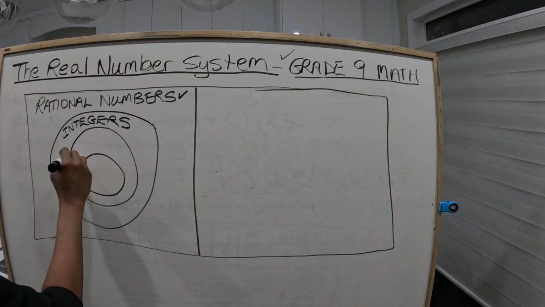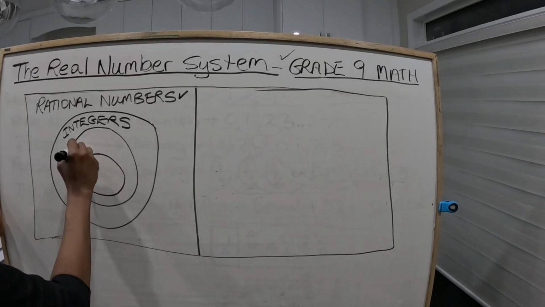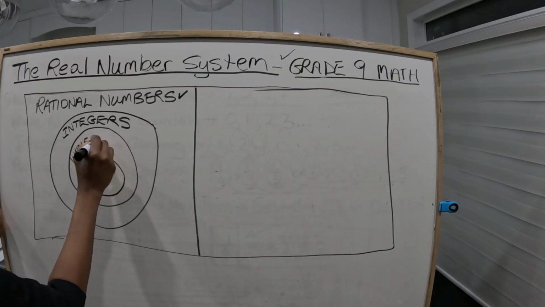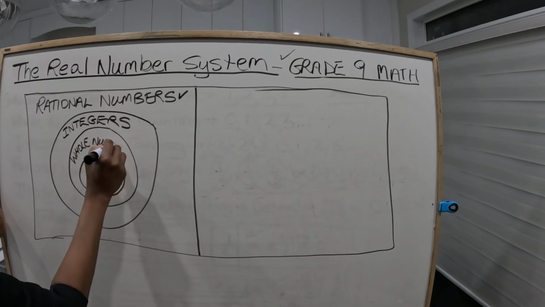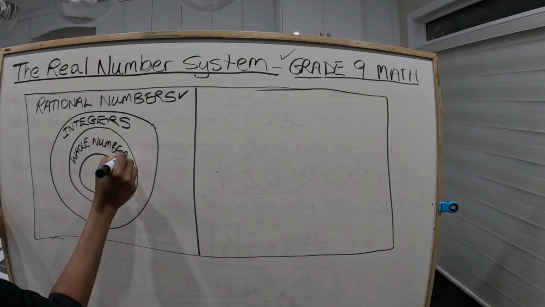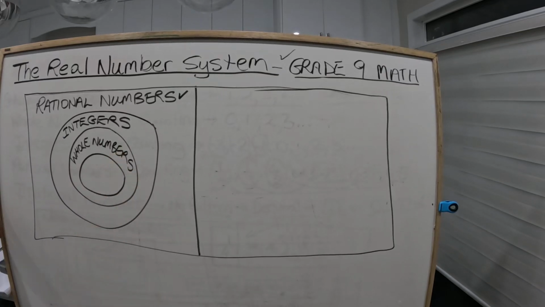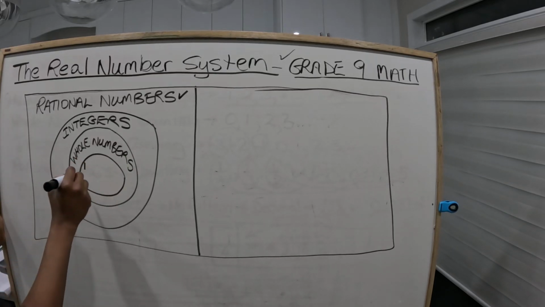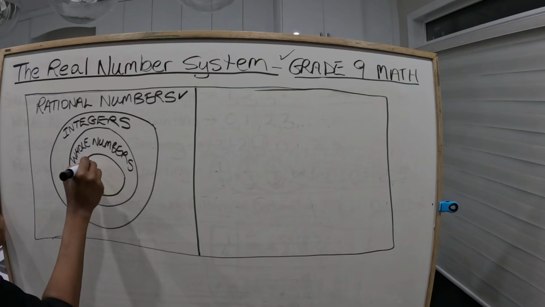And next we have what we call whole numbers. And then inside the small circle we have natural numbers.